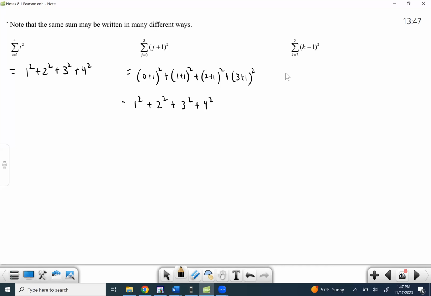Over here, we'd start by substituting in 2, then 3, then 4, and we finally stop at 5. So you get 1 squared plus 2 squared plus 3 squared plus 4 squared, you get the same exact sum.